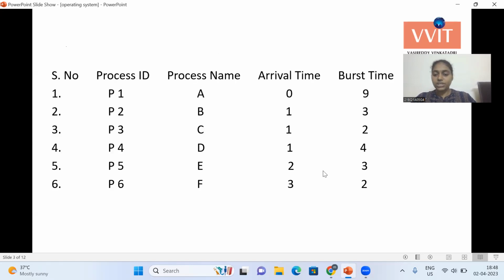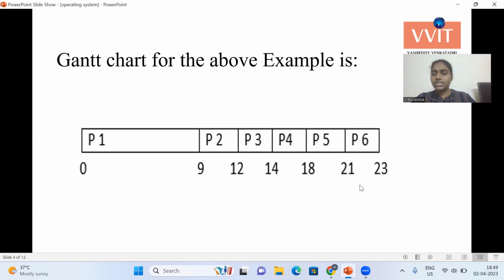Next, the last process, P6. P6 burst time is 2, so it completes its execution when it reaches 23, that is 21 plus 2 equals 23. Now we will write the completion times for each process, traversing from right to left.